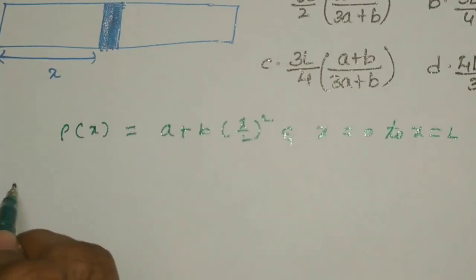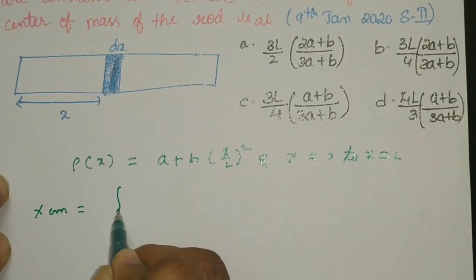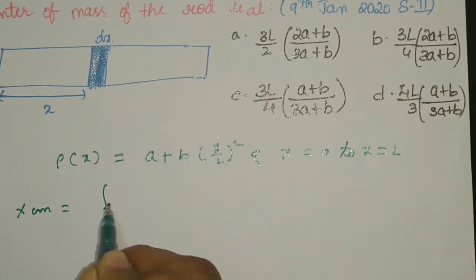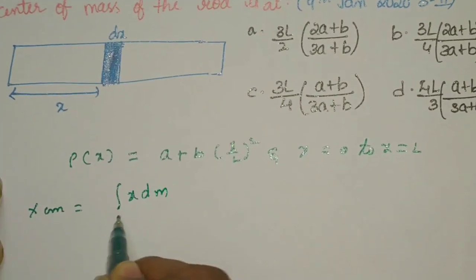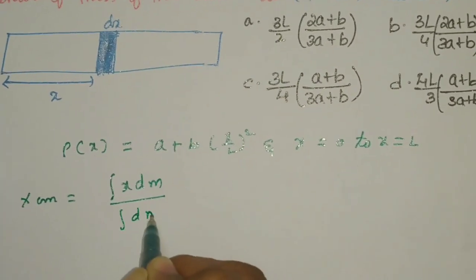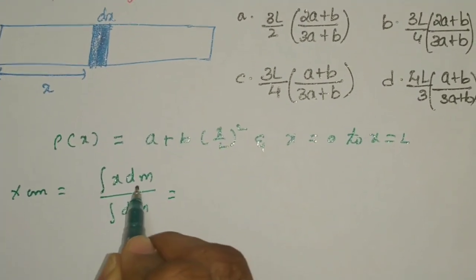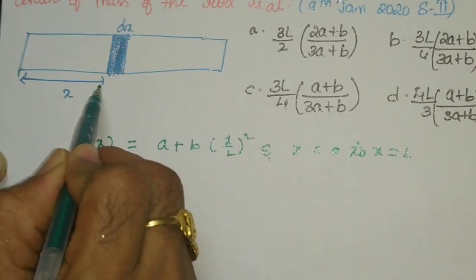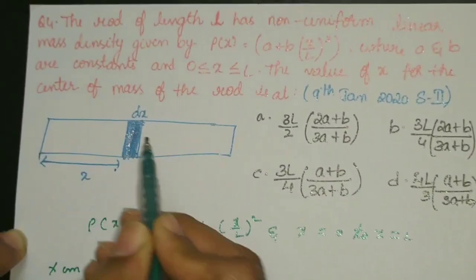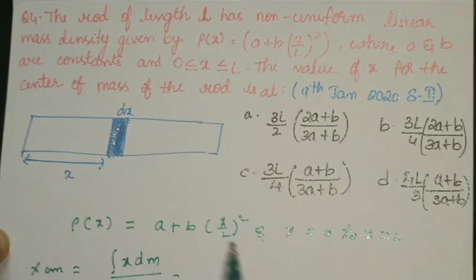Then the center of mass of this rod is given by the formula for continuous distribution of mass with variable density: x_cm is integral x dm divided by integral dm. Here dm is the mass of the element at a distance x from the origin. We consider a small element of length dx, whose mass is dm.